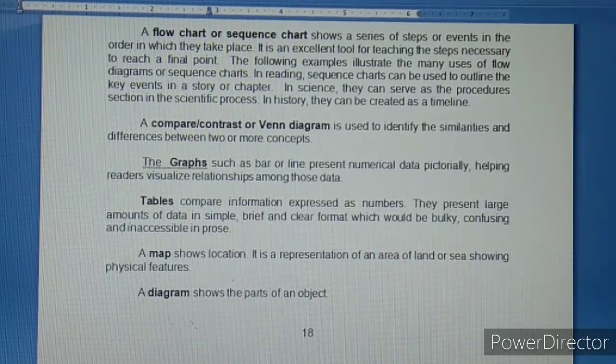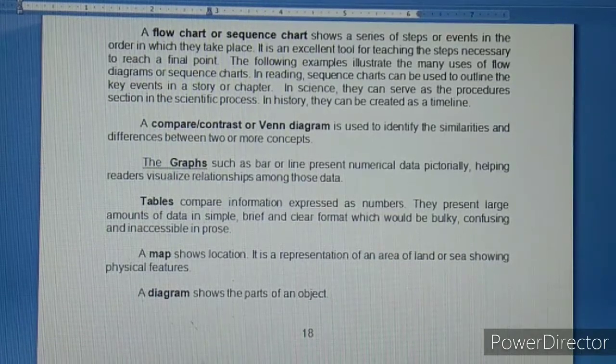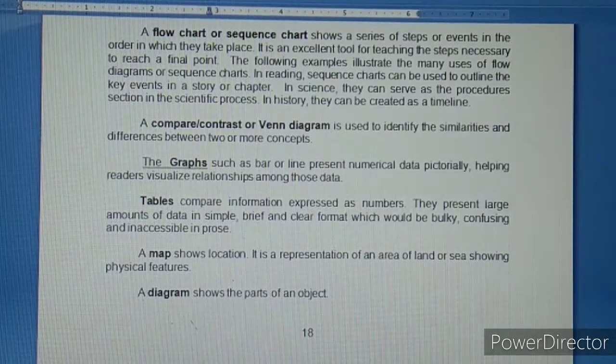It is an excellent tool for teaching the steps necessary to reach a final point. The following examples illustrate the many uses of flow diagrams or sequence charts. In reading, sequence charts can be used to outline the key events in a story or chapter. In science, they can serve as the procedures section in the scientific process. In history, they can be created as a timeline.